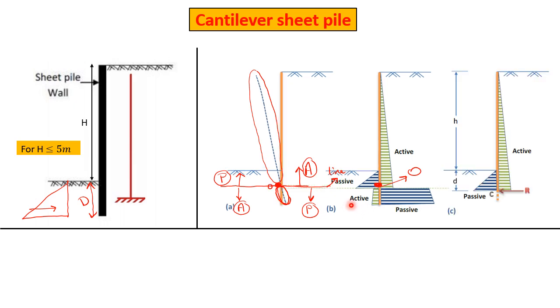However, for design purposes, it might be much easier to neglect what's lying beneath my point of rotation. How can we do this?